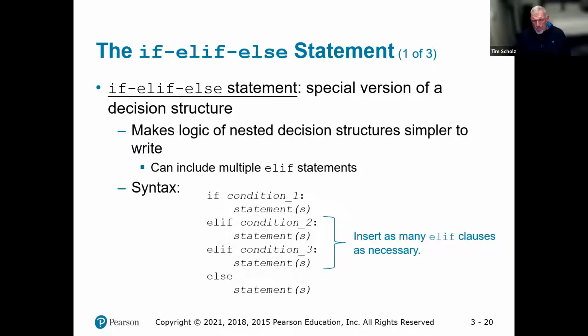So with the multiple ifs, it's saying if any one of these conditions is met, do these things. You check for condition 1. If condition 1 is met, you do the statements associated with condition 1. Otherwise, if condition 2 is met, you do the things with condition 2. Otherwise, if condition 3 is met, you do the things with condition 3. And if all else fails, you do these statements.